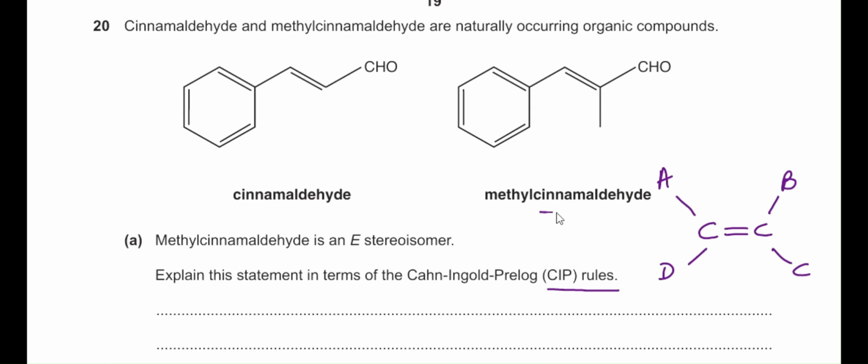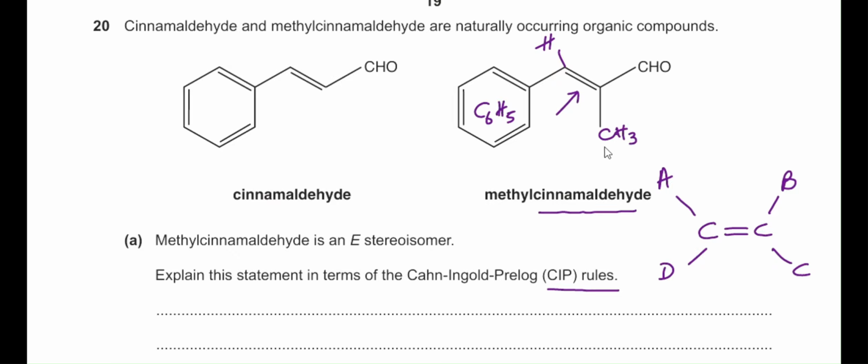In methyl cinnamaldehyde, here is the alkene bond. So this is a carbon here. Let me stick this hydrogen also here. Okay, so it has got 4 groups across the double bond. If you look closely, you will see this C6H5 and CHO groups are the high proton number groups, because this is CH3 here.